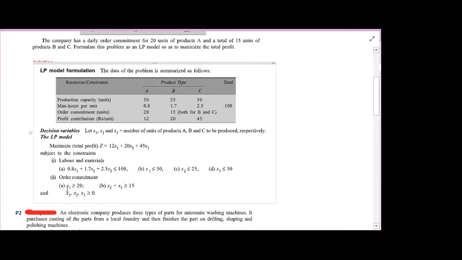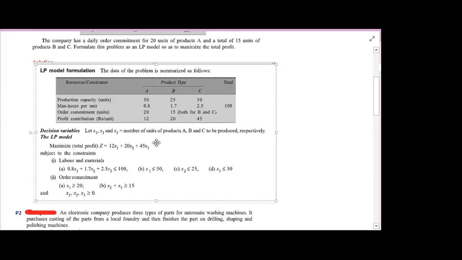We have to produce at least 20 units of A, meaning x1 should be greater than or equal to 20, and x2 plus x3 should be greater than or equal to 50. So we have both a minimum production limit and a maximum production limit. And in all cases x1, x2, x3 should be greater than or equal to 0. These are the constraints and this is your objective function.